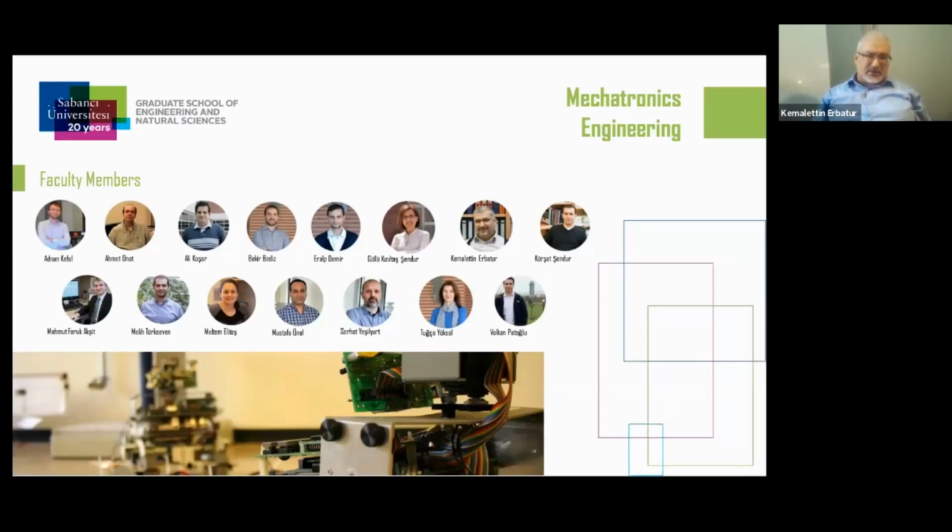Ali Koşar is working on microsystems for cooling and for medical systems. Bekir Bediz is working on micro manufacturing and on vibrations. Eralp Demir, with a PhD from the University of Aachen, works on mechanical systems and composites design.